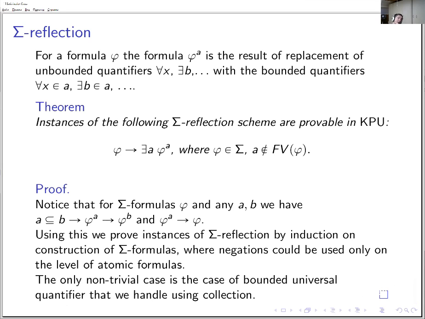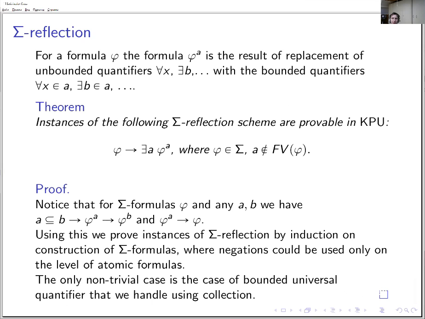And then we have this sigma reflection principle. Essentially, you could think about it as a statement that says that if some sigma formula holds, then there exists a transitive model of the sigma formula. In fact, it's very easy to prove using sigma collection.